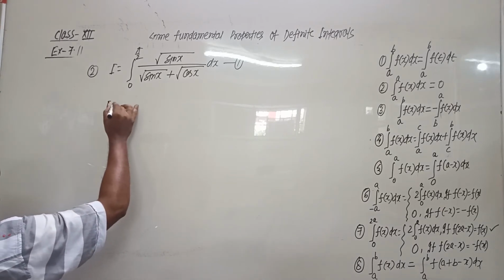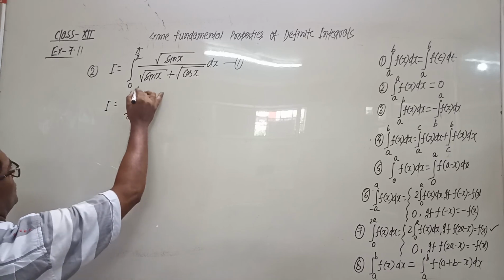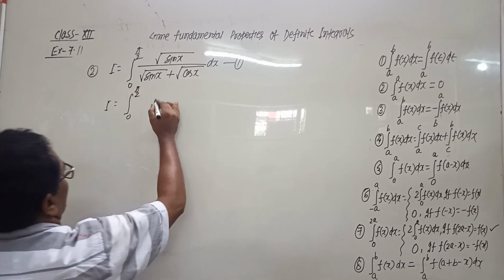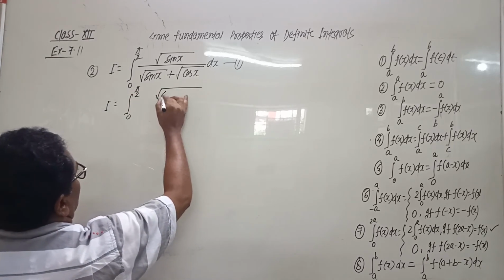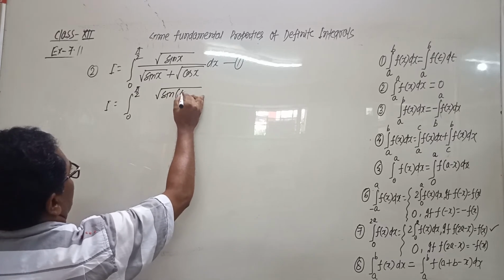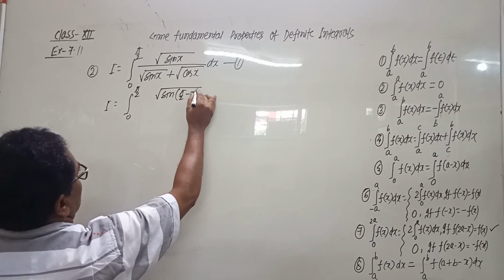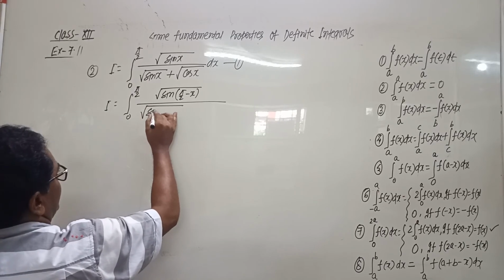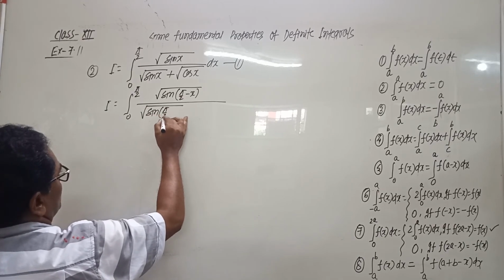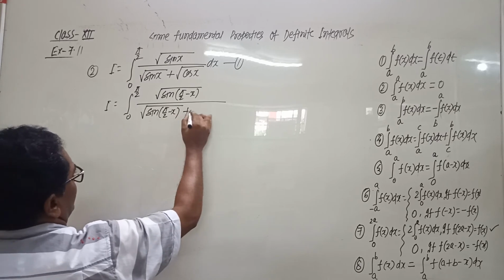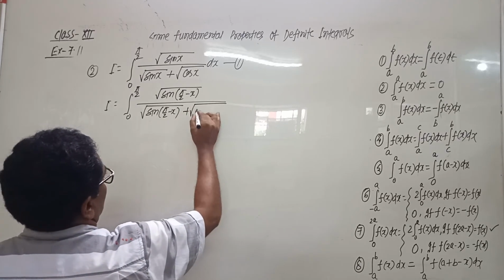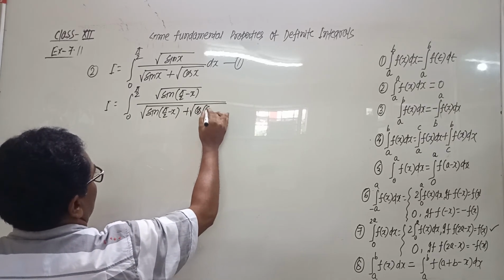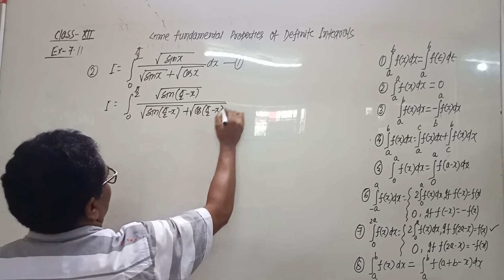So I equals integration 0 to pi by 2 of root over sin of pi by 2 minus x upon root of sin of pi by 2 minus x plus root of cos of pi by 2 minus x dx.